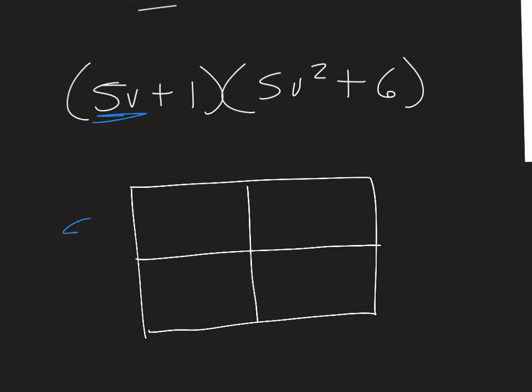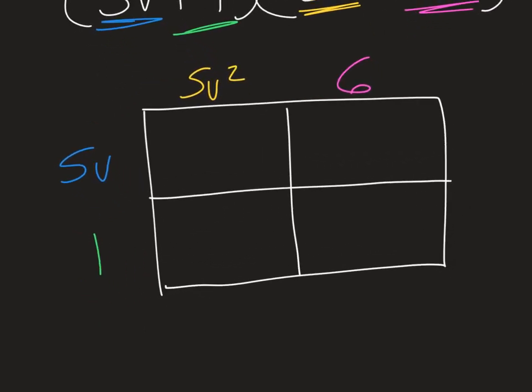So 5v plus 1 becomes the length of your box, and the 5v to the second plus 6 becomes the width of your box. And you can go back and multiply them together to make sure that you got the correct answer.